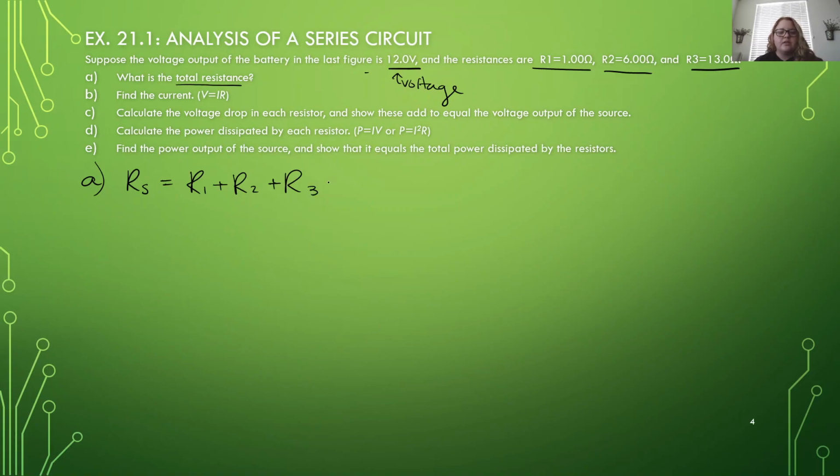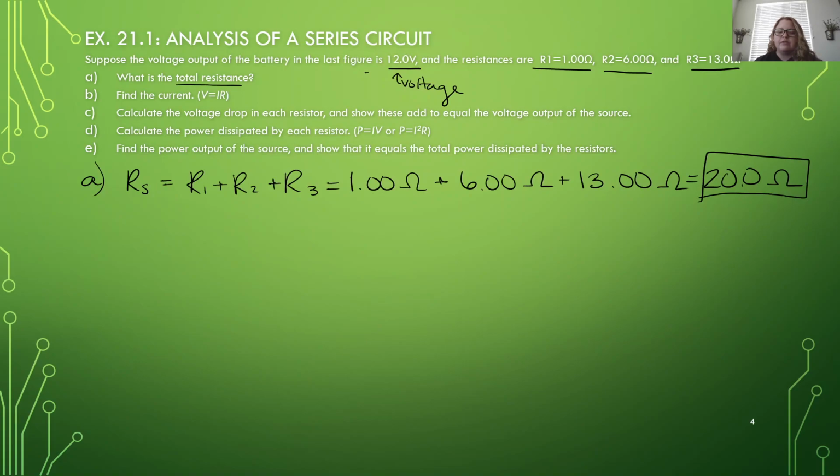Okay, so that would be 1 ohm plus 6 ohm plus 13 ohm. So 1 plus 6 is 7 plus 13, that will give us 20 ohms. So this is my total resistance.